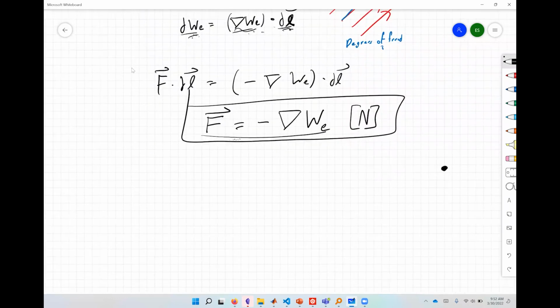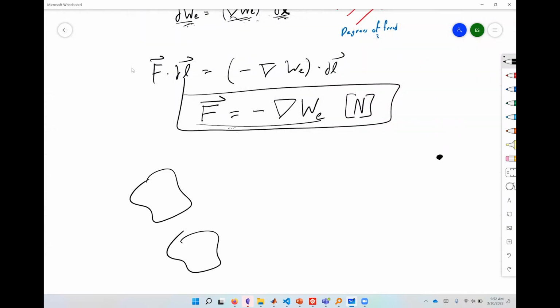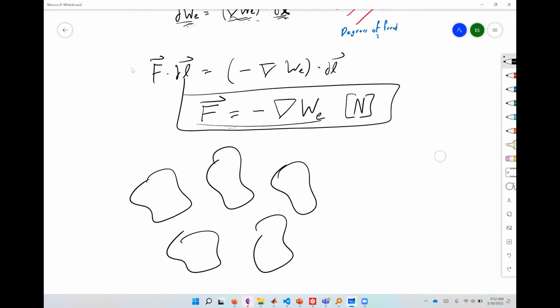You might have a complicated system with a lot of objects, but you know the field, and then you have a wire, and you might say, what would happen if I displace this wire? What is the force acting on this wire? It might be complicated to calculate the force directly, but what might be easier is to displace the wire, a virtual displacement, calculate the change in the total energy in the field, and use that to calculate the force.